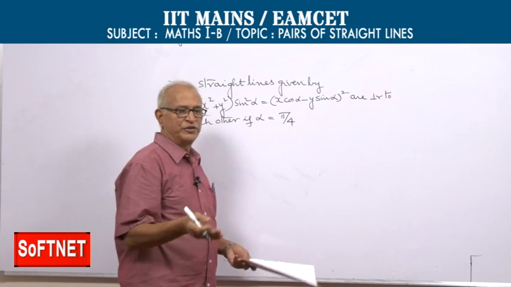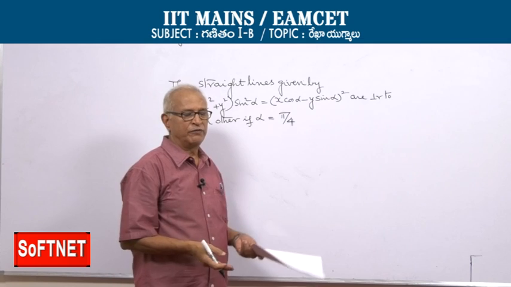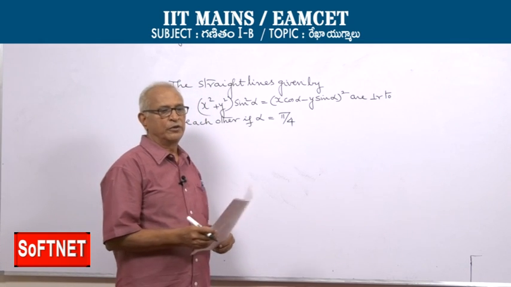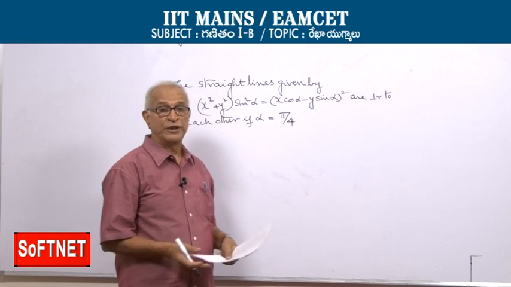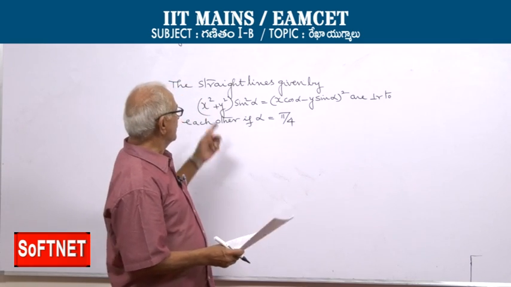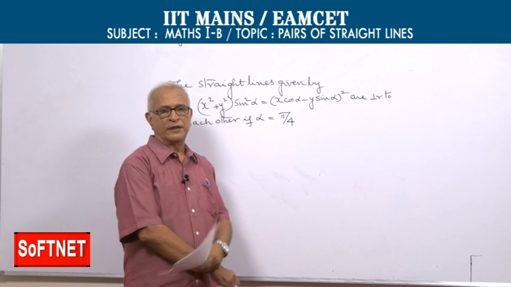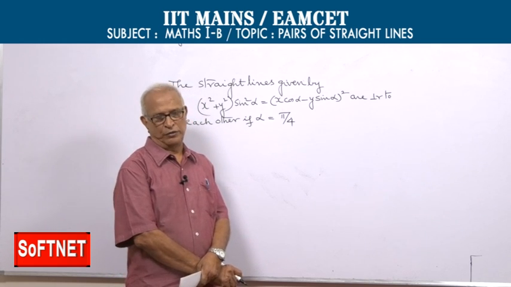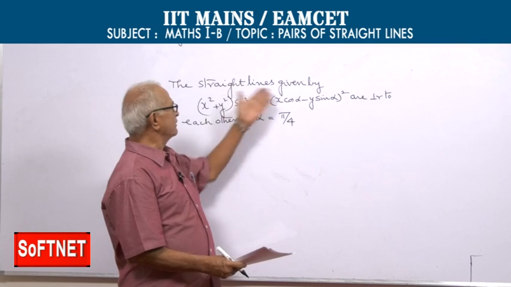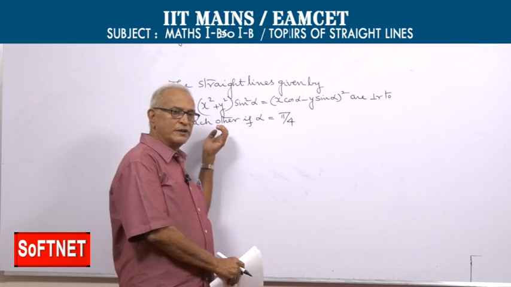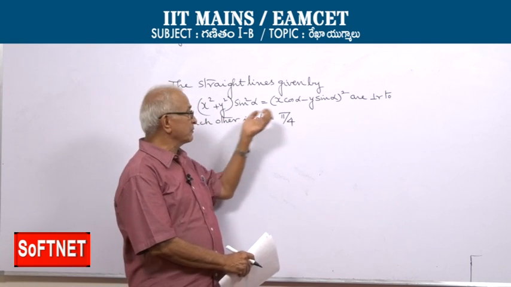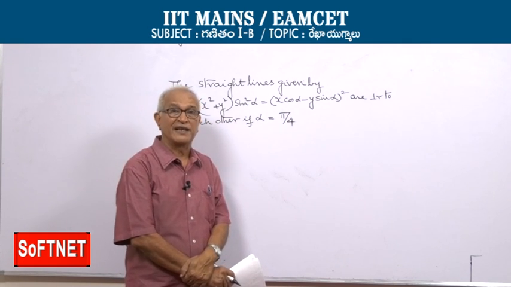But because we just now worked out the previous question, we could write the answer from the previous question. Otherwise, suppose you have to try this question independently. Then the condition for the two lines to be perpendicular is that the sum of the coefficients of x square and y square is 0. But here, when you have x square, y square terms on both sides, the same condition reduces to the sum of the coefficients of x square, y square on the left hand side being equal to the sum on the right hand side.